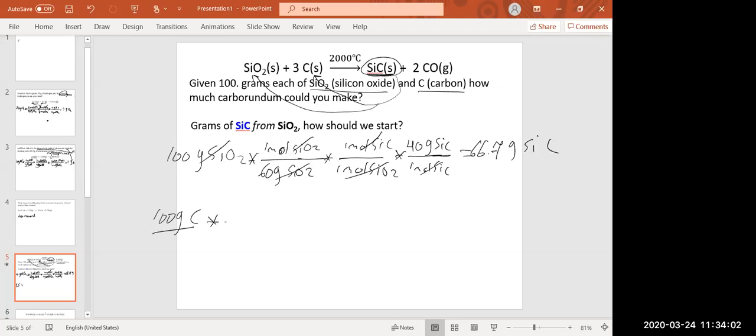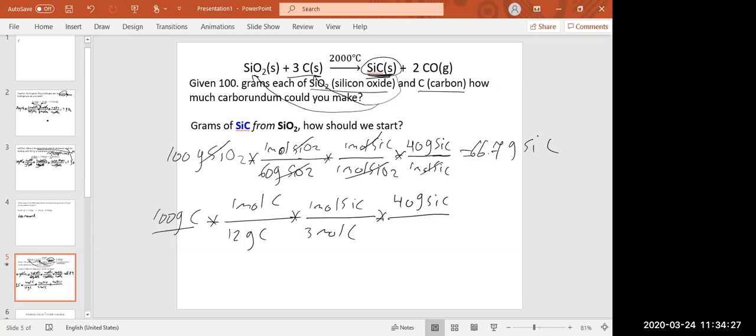Now let's calculate the SiC from carbon. Do the same things, but this time 1 mole C divided by 12 gram C times the mole to mole ratio between SiC and carbon, 1 to 3. 1 mole SiC, 3 mole carbon, times the molar mass of SiC, 40 gram SiC, and 1 mole SiC.